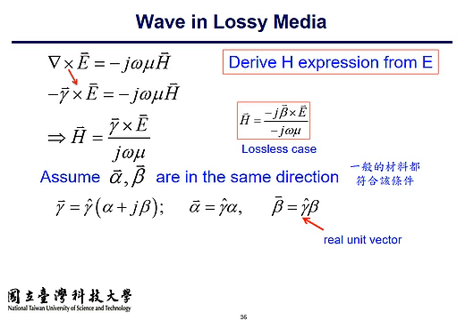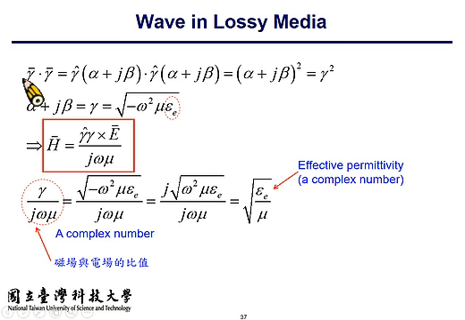Here we assume alpha and beta in gamma are in the same direction, so this can be satisfied for most materials. And here is the dot product of gamma by itself.